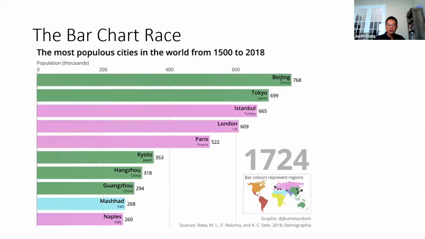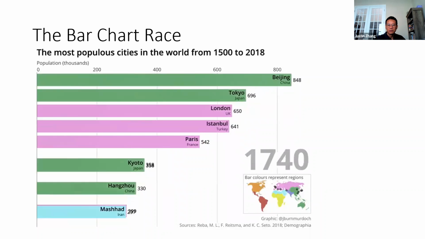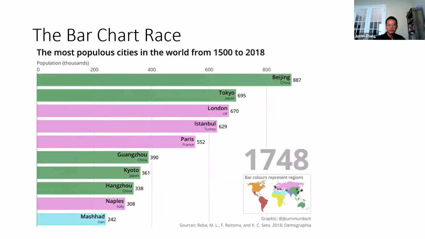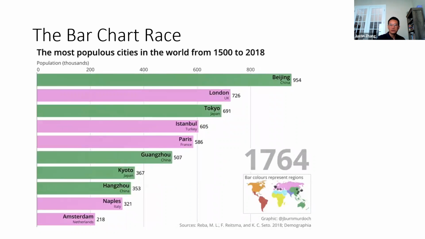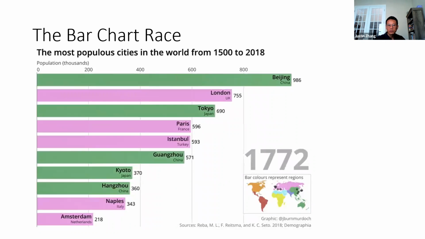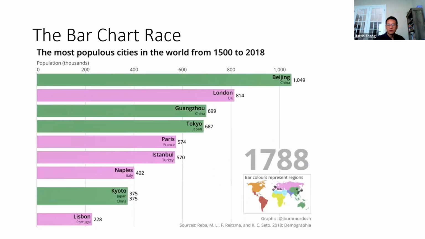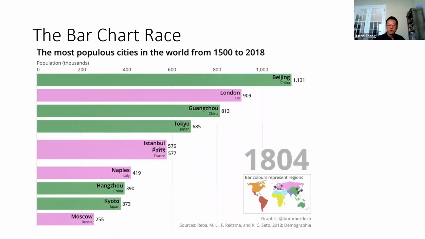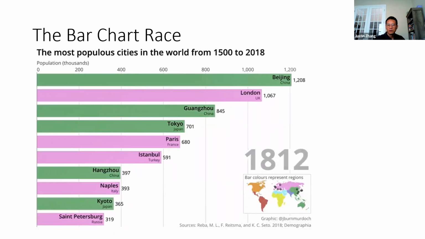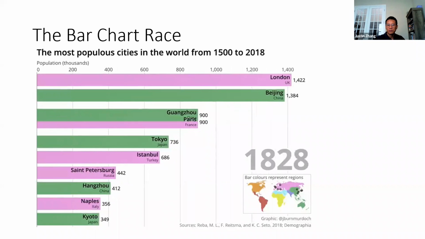So Istanbul from Turkey was the city with the most population in the early 1700s. Then Beijing, China became the top in 1700. And then London started to catch up.